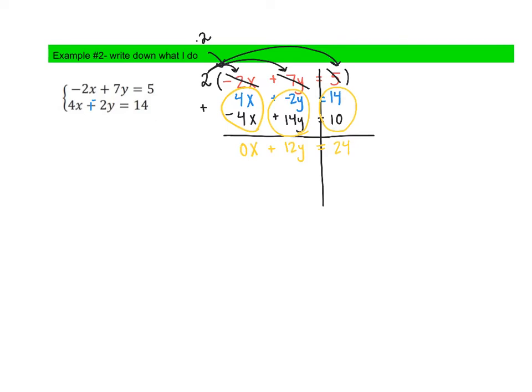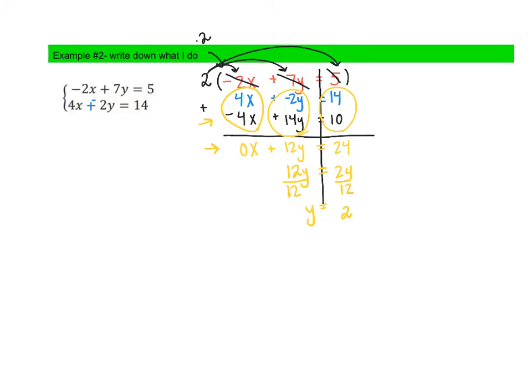So I just added in an extra step to this one, multiplying by a least common multiple, so that I would cancel out or eliminate these variables. I know that 0x doesn't mean anything, so this is actually just 12y's equals 24. And that's super easy to solve for. I just divide both sides by 12, and I get y equals 2.